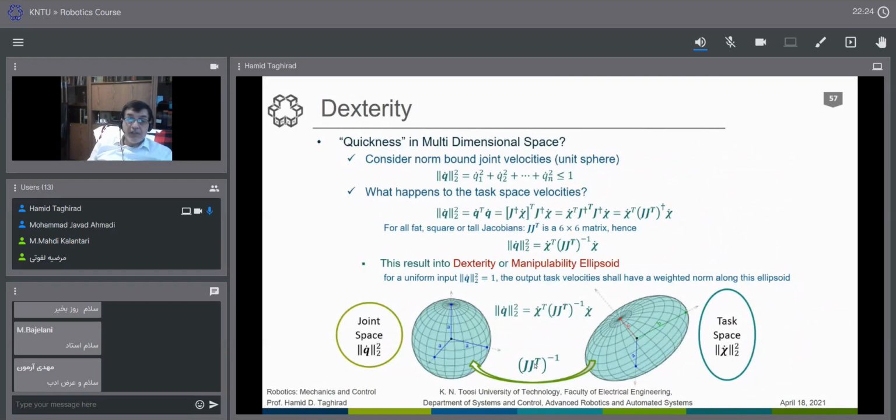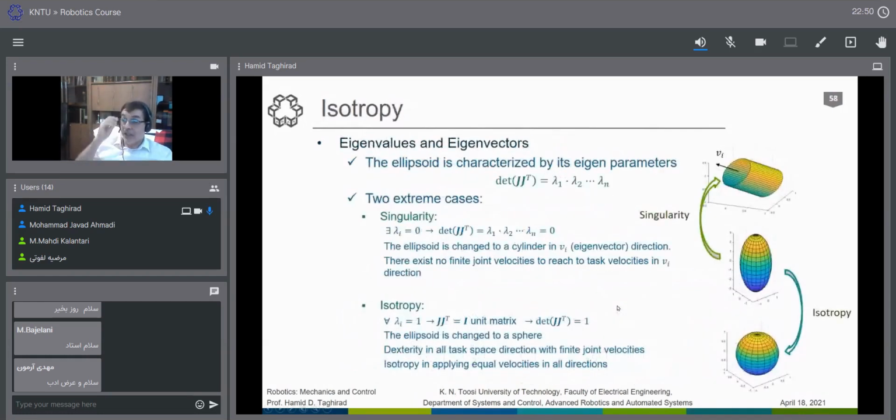A very small motion in this direction, if we would like to reach it, cannot be reached by a finite value for the Q dot, and Q dot goes to infinity. Or actually we are on the boundary of the workspace and we cannot move forward. This is the close relation that these two particular cases have.